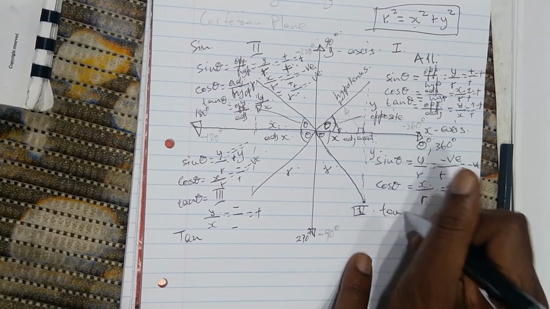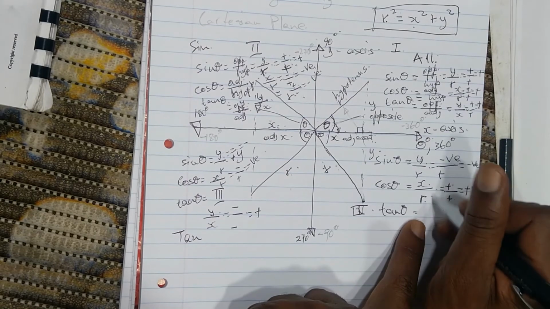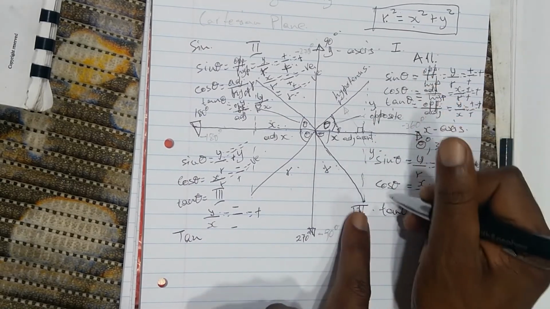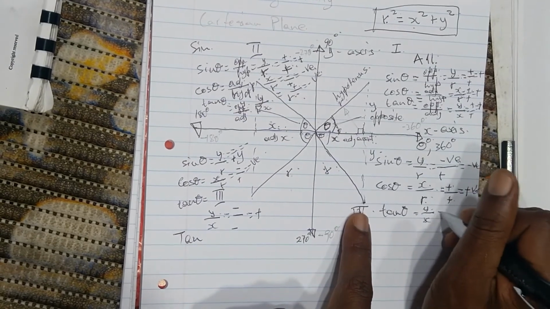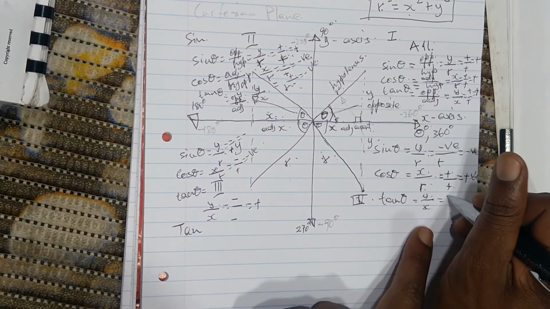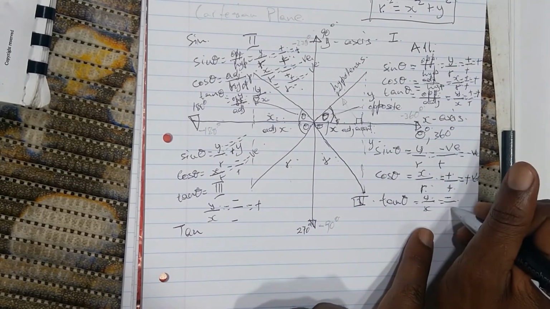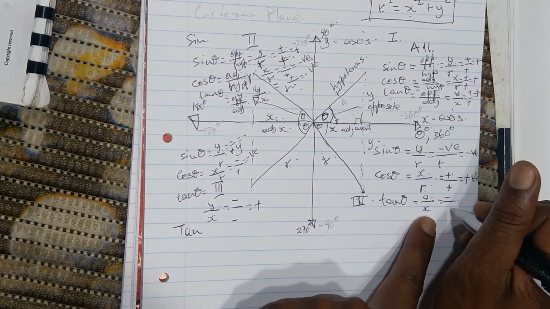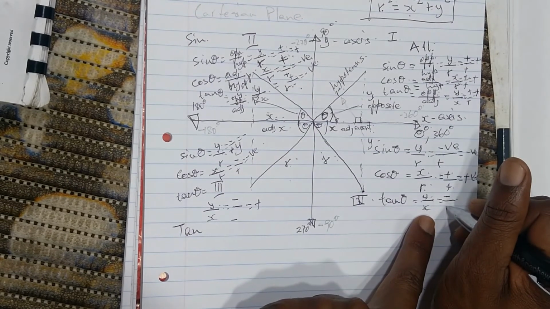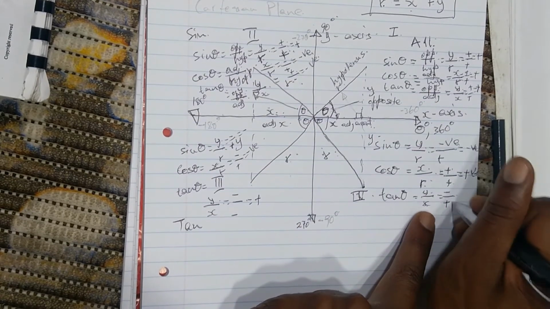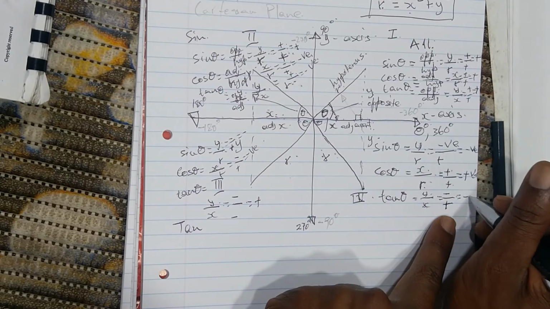And then the tan of theta is given by, again here, opposite over adjacent, which is y over x. So y is negative, and x is positive, sorry, so now that is negative.